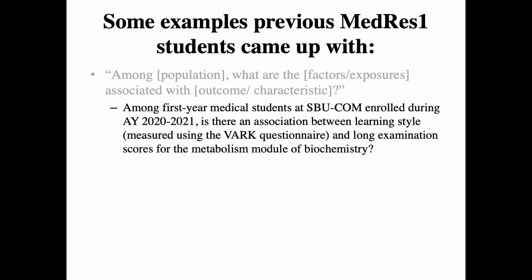Okay, so the first example is among first-year medical students at San Beda University College of Medicine enrolled during academic year 2020-2021, is there an association between learning style, which is measured using the VARC questionnaire, and long exam scores for the metabolism module of biochemistry? Okay, so that actually has pretty much all of the components of the PECOM model.